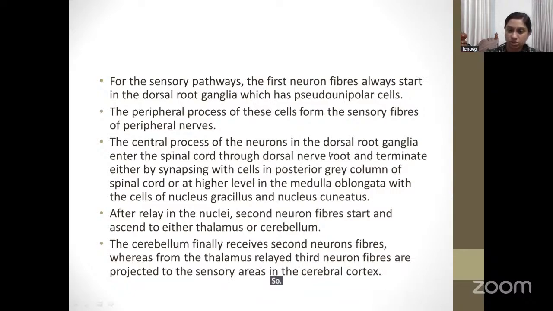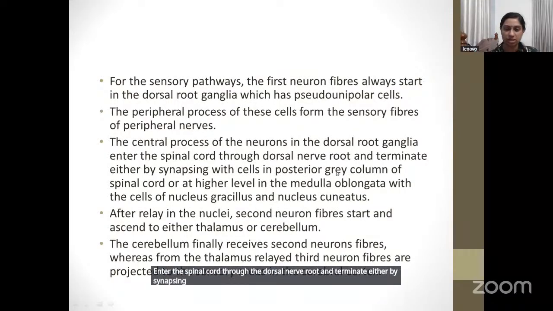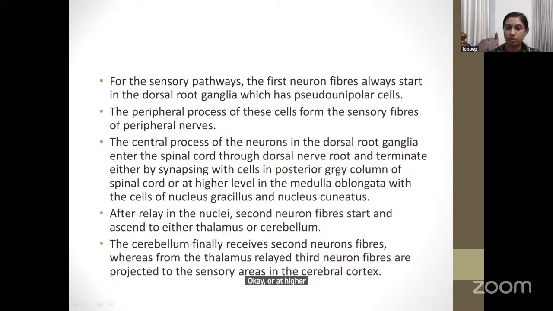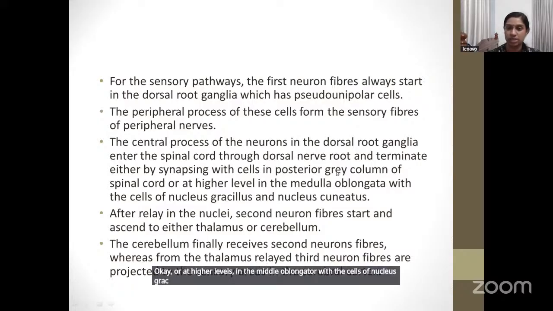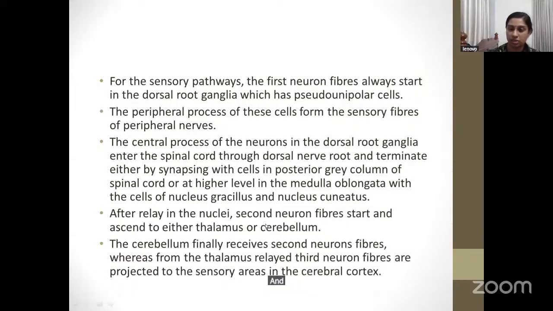The central process of the neurons in the dorsal root ganglion enters the spinal cord through the dorsal nerve root and terminates either by synapsing with cells in the posterior gray column, or at higher levels in the medulla oblongata with the cells of nucleus gracilis and nucleus cuneatus. Fasciculus gracilis and cuneatus pass the information to these nuclei.